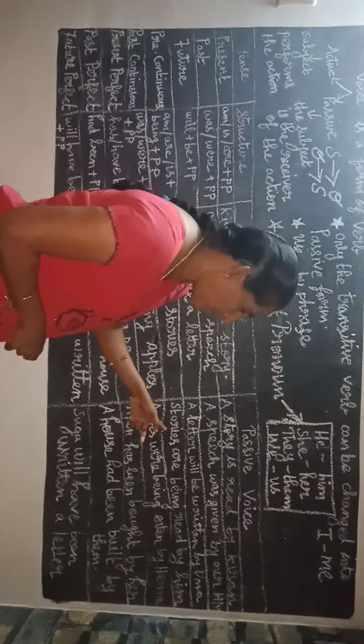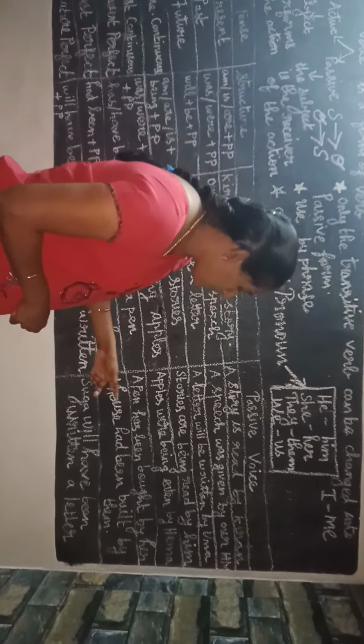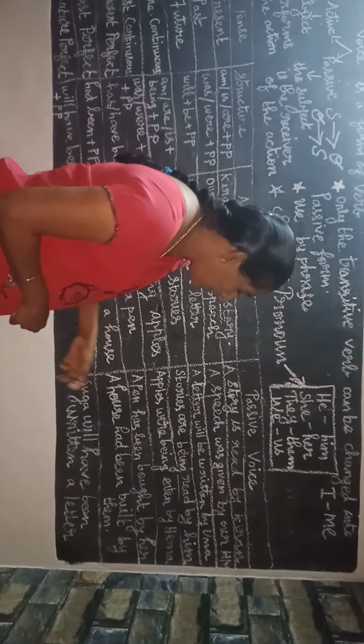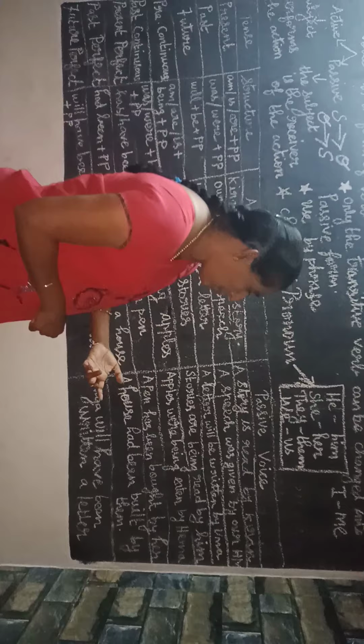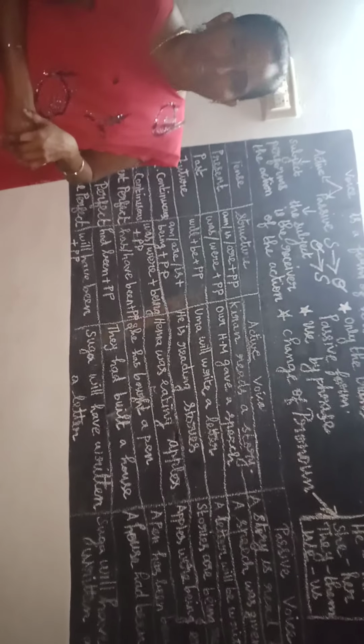If the subject is plural, for present form we use are. If the subject is plural in the past tense, we use were. So, according to the number of the subject and the tense, we have to change the verbs.